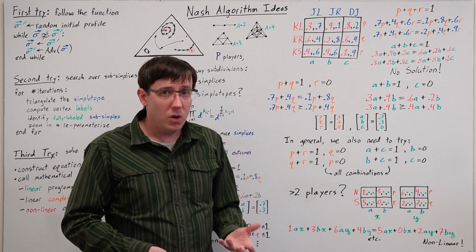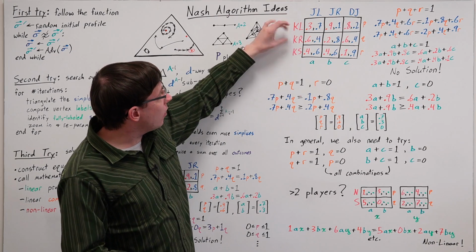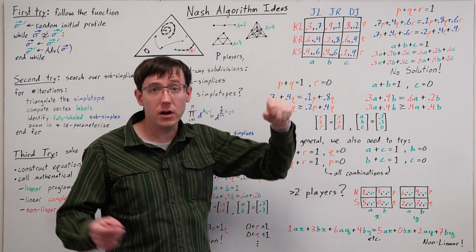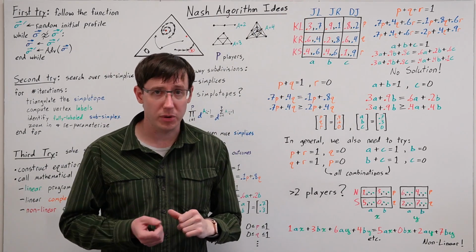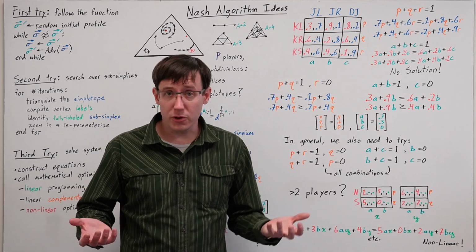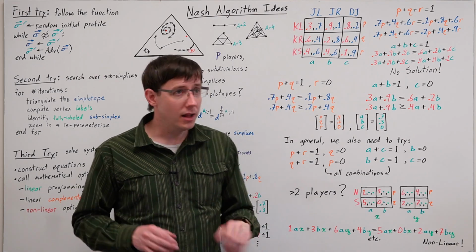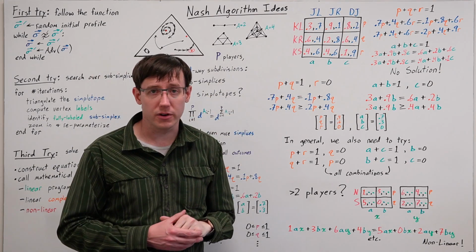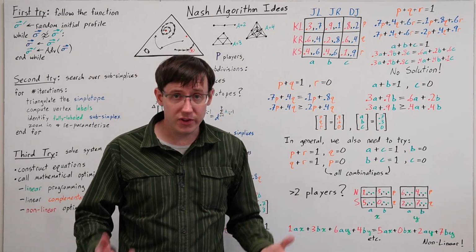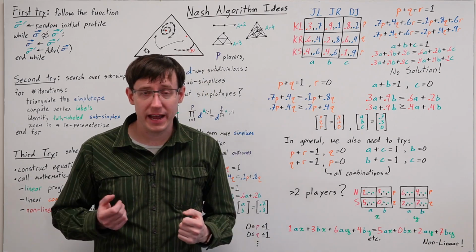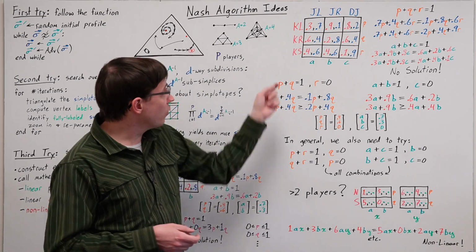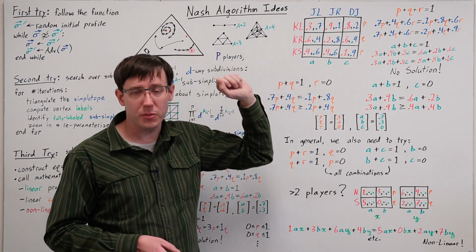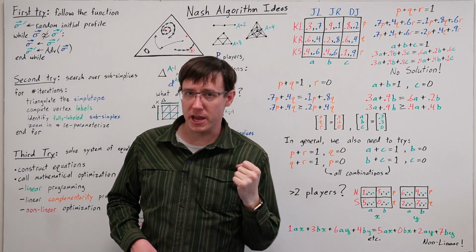But in general, we would need to try all possible combinations of support sets for the different players. And how big are those support sets? Well, the support can be any non-empty subset of the actions. The number of subsets is 2 to the number of actions. And we can rule out the empty subset because they have to be playing something.